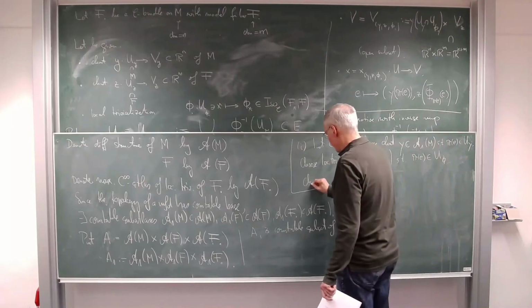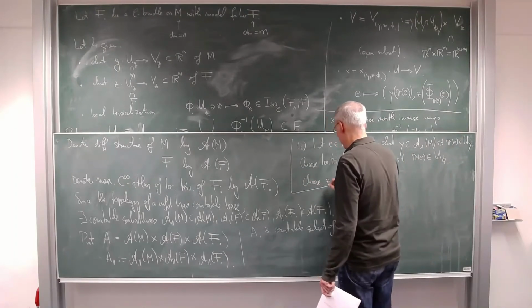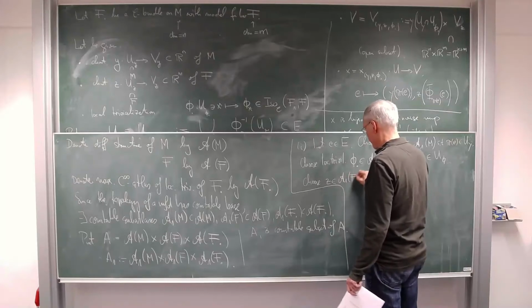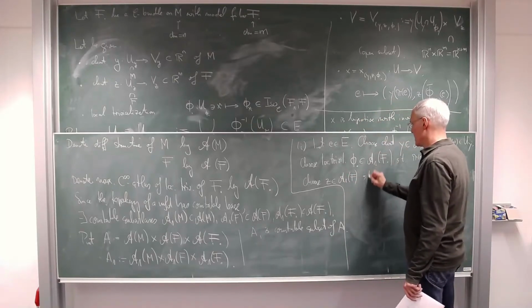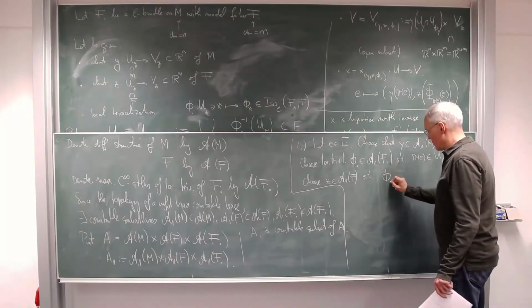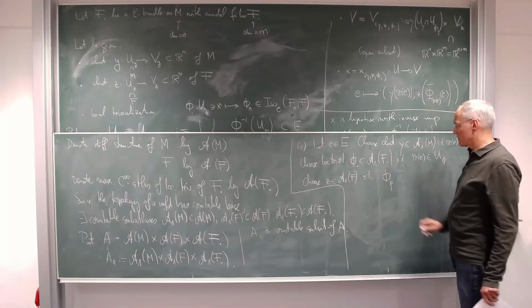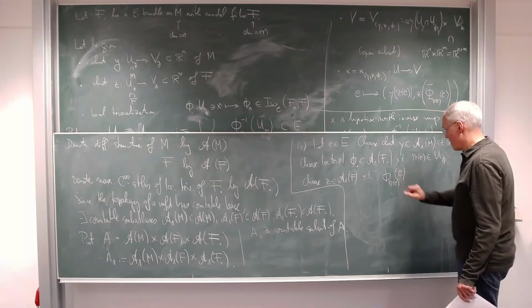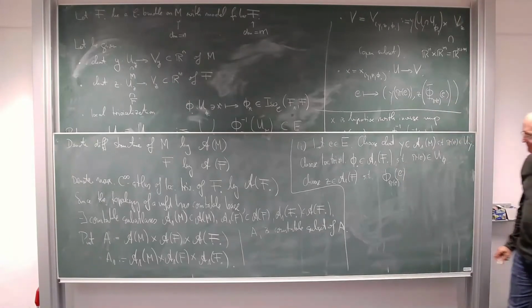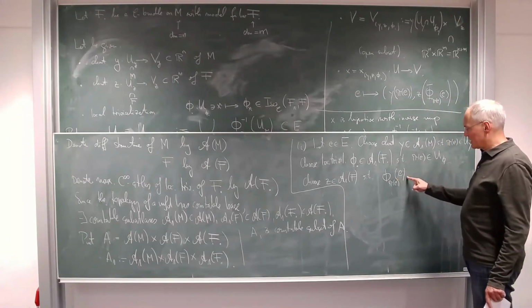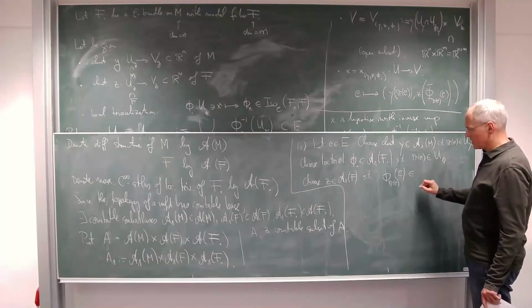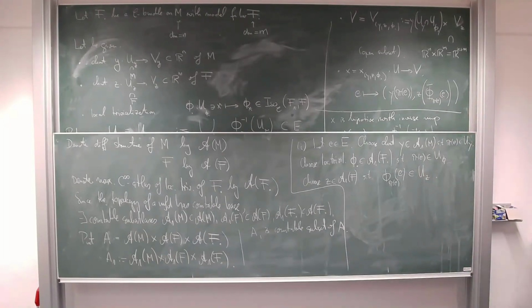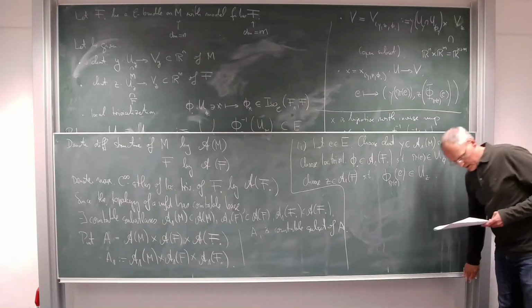So choose a chart Z in A1 of F, the model fiber, such that the point obtained by applying the local trivialization to E, which is an element in F, is contained in the corresponding chart domain.